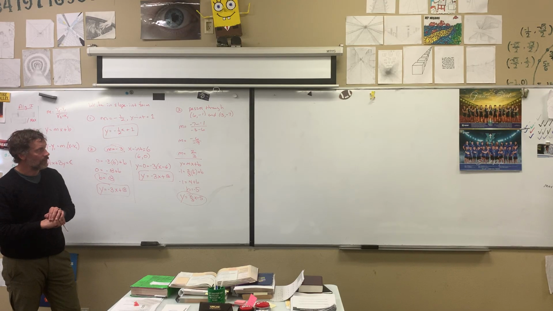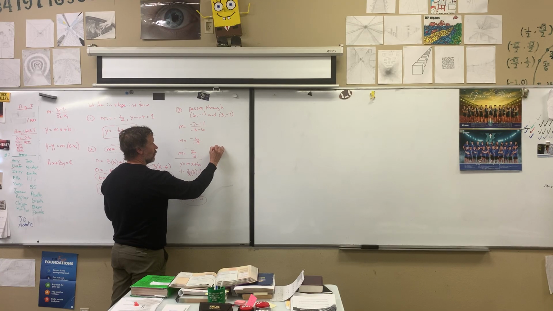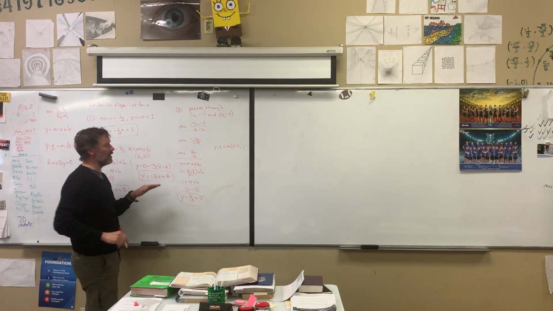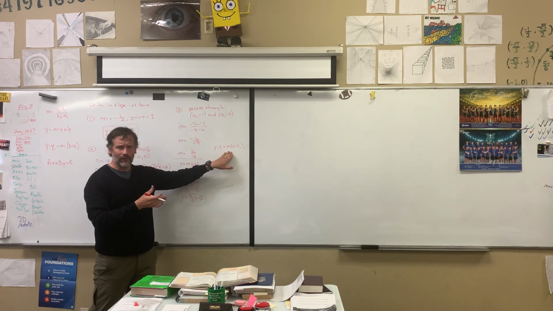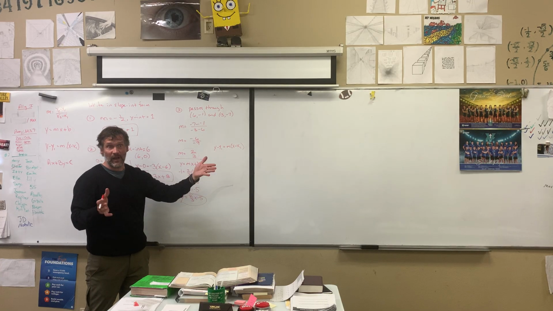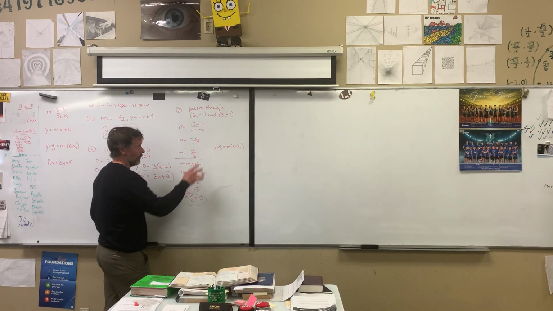If you want, I'll show the other way, which is y minus y1 is equal to m times x minus x1. This equation has value later on in mathematics. We end up using this a little bit more. But if you don't want to use it for now, there's no issue whatsoever in going this route, at least for these ones.